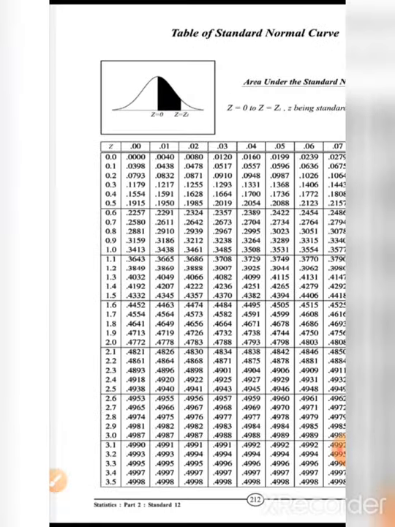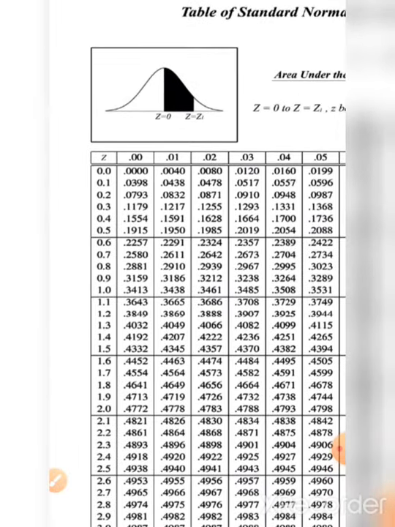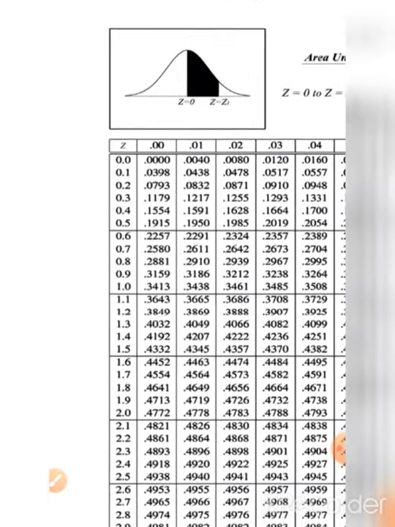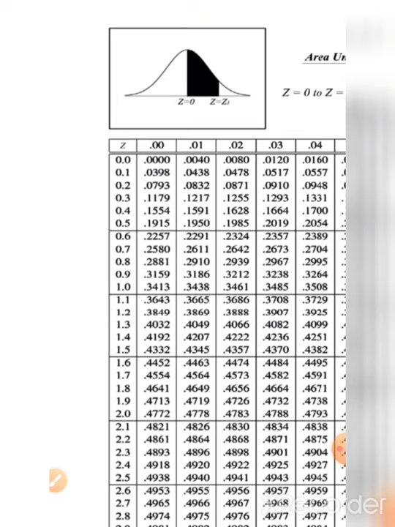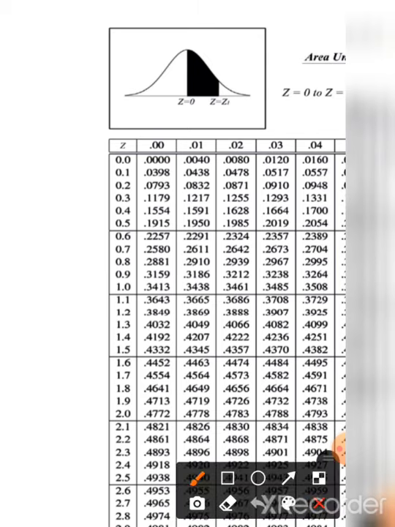Suppose your value is like in the last sum that we have seen, where the value was only 1. There were no numbers after the decimal point. So where is 1?